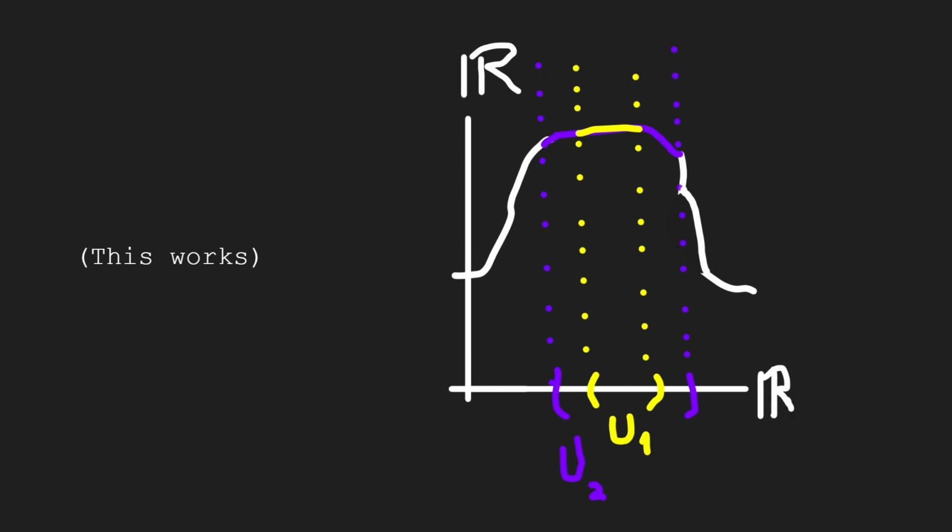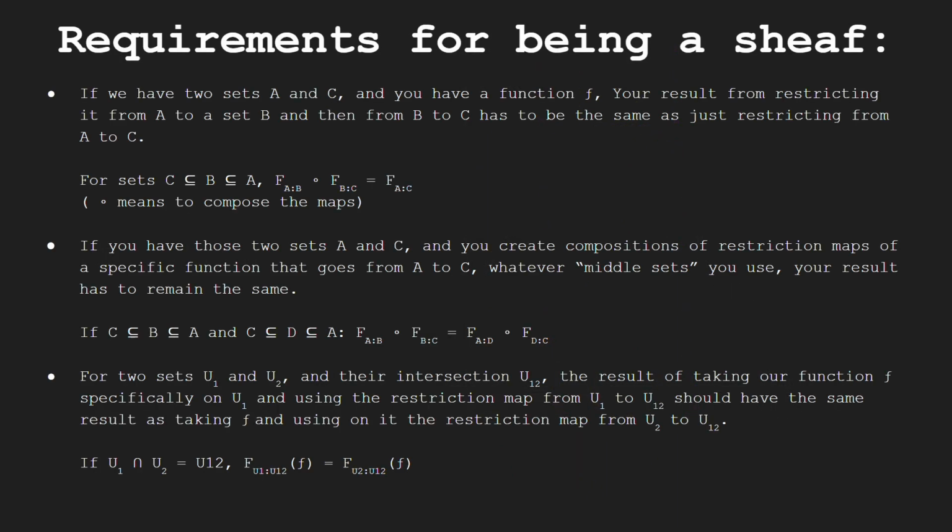We also need a few other properties, like if we have two sets A and C, and you have a function f, your result from restricting it from A to set B, and then from B to C, has to be the same as just restricting from A to C. If you have two sets A and C, and you create compositions of restriction maps of a specific function that goes from A to C, whatever middle set you use, your result has to remain the same.